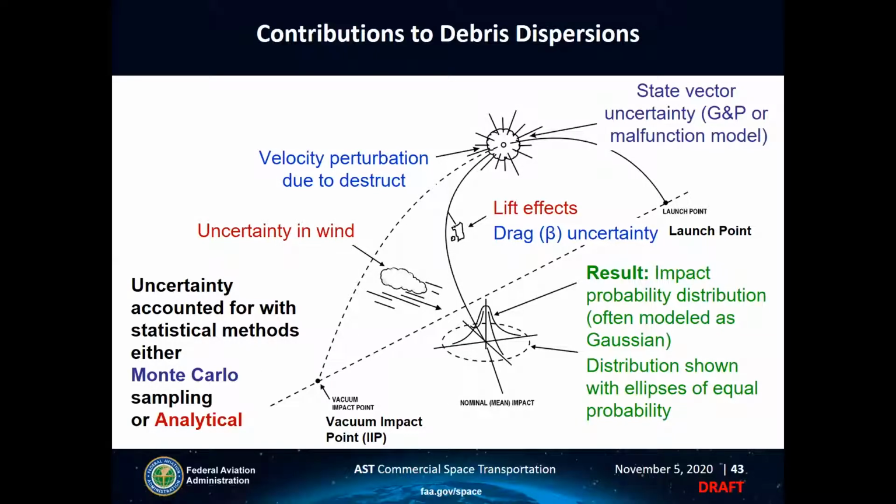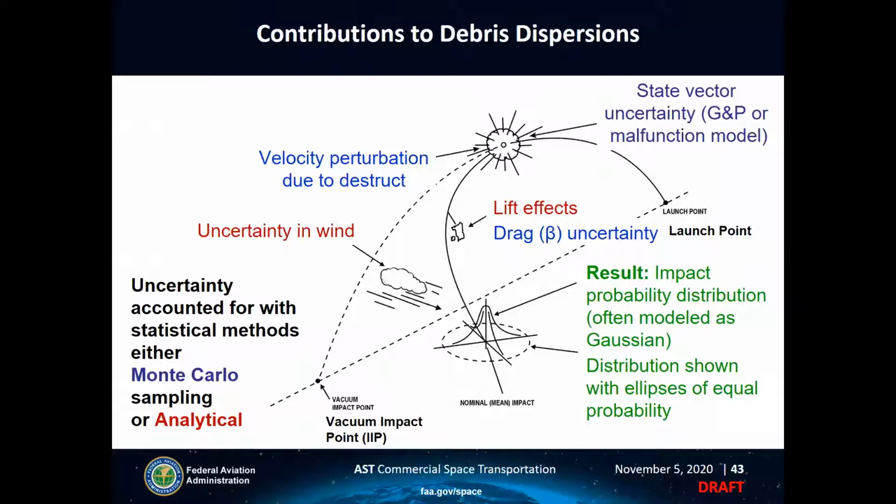So this slide is an illustration of the typical sources of debris impact dispersion. I've mentioned a couple, such as the wind and the effects with drag. So again, we have this depiction. The vehicle launches, gets up to a certain point in flight.